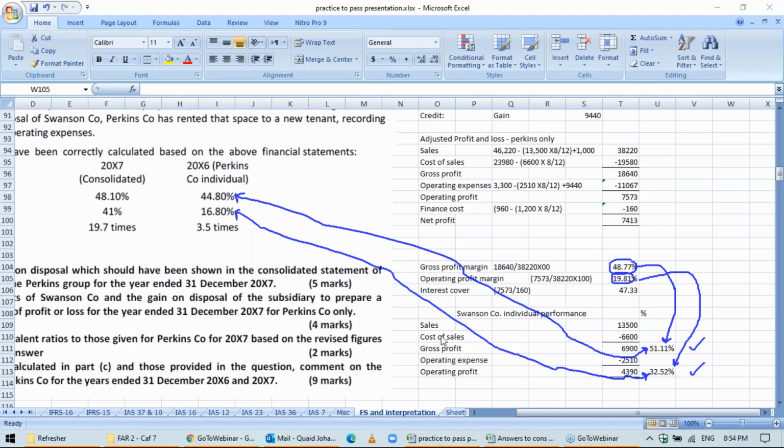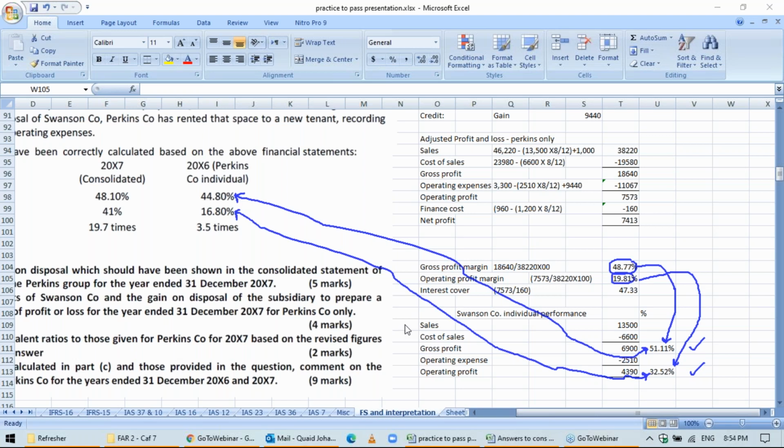when a parent company acquires a subsidiary company, what happens? The parent company starts providing many services at a lower rate. Like in this question, the intercompany sales were taking place at what margin? At 30%, isn't it? At 30% margin.